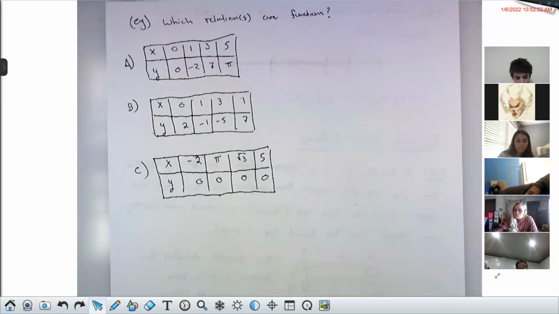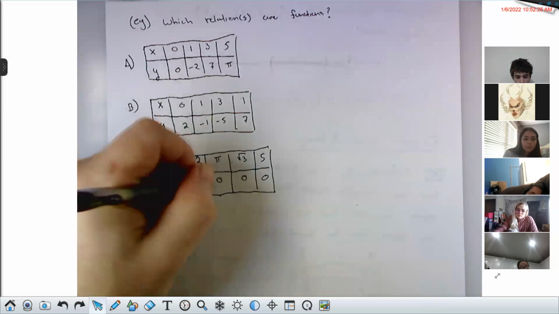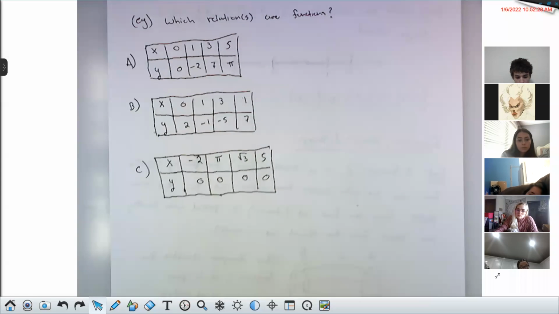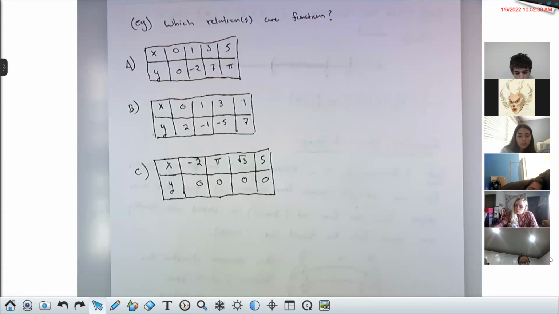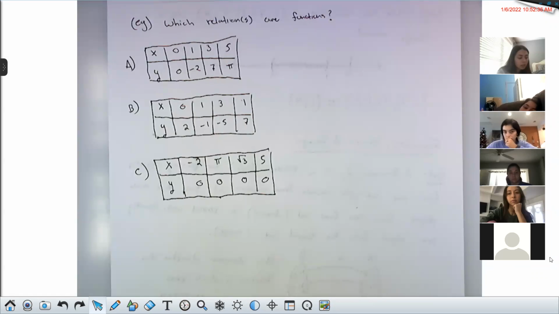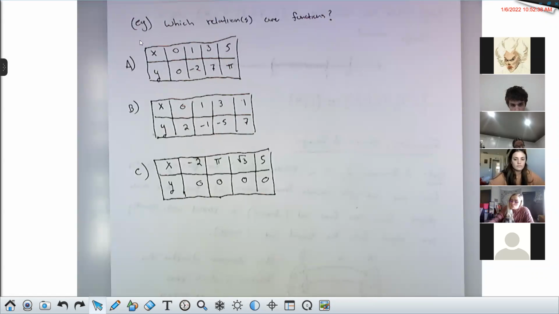Okay, here are three relations described through tables. I'd like to go through them one at a time, starting with A, and say whether they are or are not functions, whether the variable y is represented as a function of x or not. And then, if the thing is a function, we're going to state the domain and state the range.